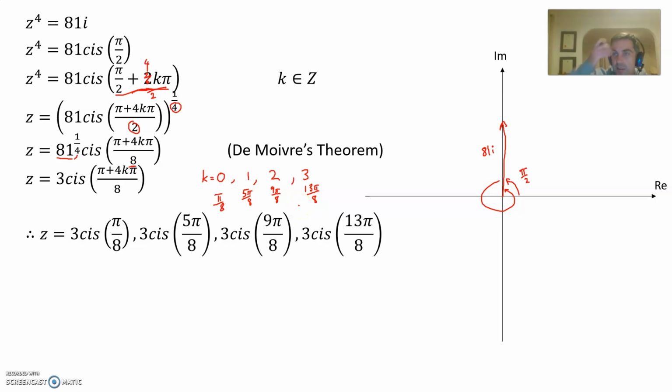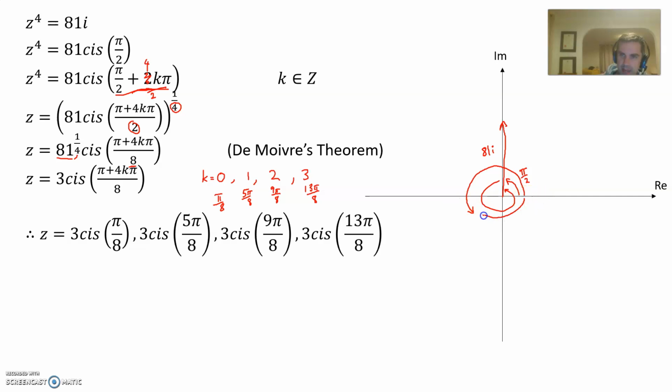Some people don't even bother to do this step, but technically our argument we should try and get between negative pi and pi. So if you have 9 pi over 8, well, 8 pi over 8 is going to be pi, which is there. 9 pi over 8 is just a little bit further, like 1/8 of a pi further.